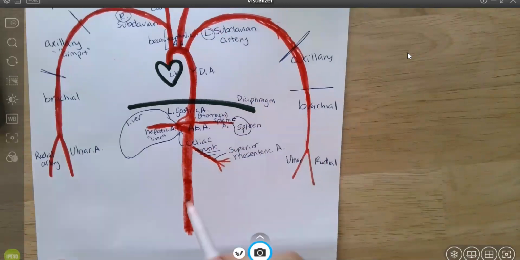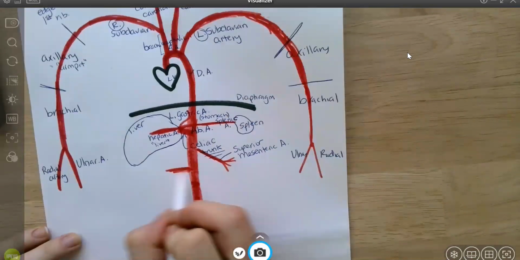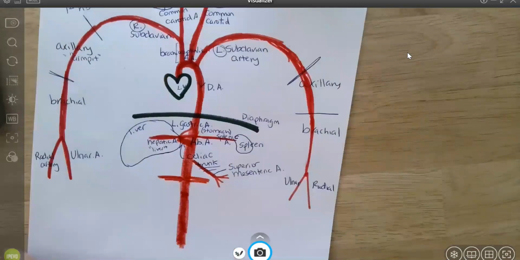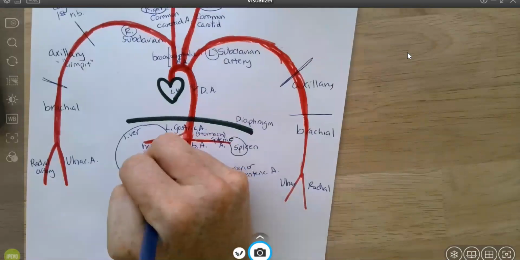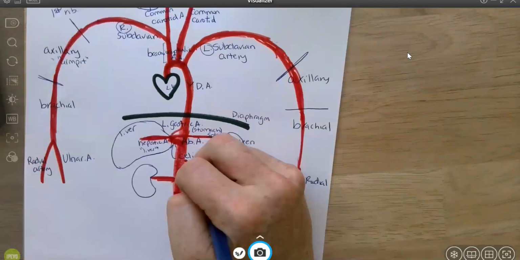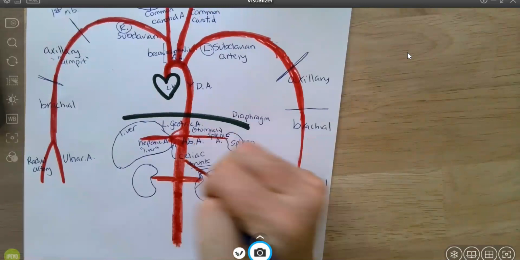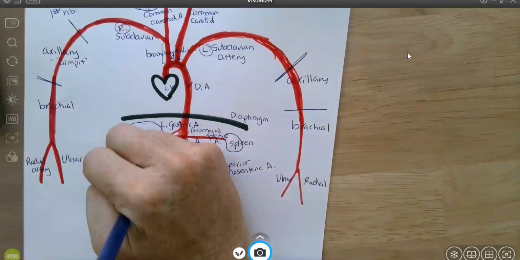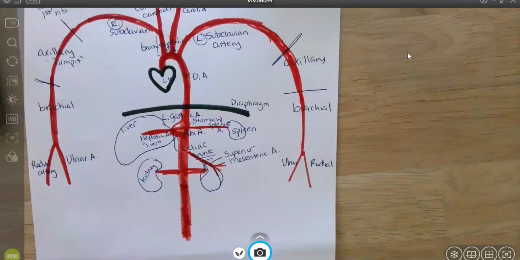The next branch is going to be the renal. There'll be two renal arteries, one going to each side, and whenever you see the word renal, renal means kidney. So they're going to go towards the kidneys. Oops, that kidney got kind of ugly. Okay, so here are the kidneys and the arteries, the red ones going to the kidneys.